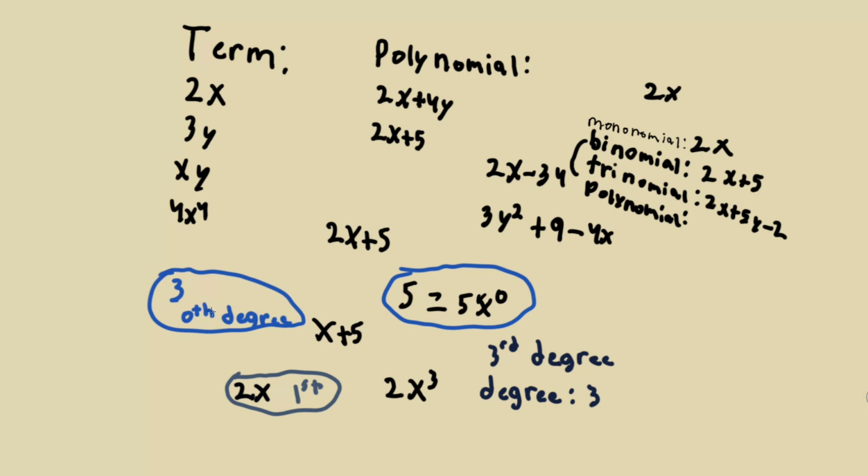So now that we know how to determine the degree of terms, how do we determine the degree of polynomials, which have 2 or more terms added together, right? So let me just hide all this stuff because we are running out of space. What is the degree of 2x to the power of 3 minus or plus y to the power of 2?